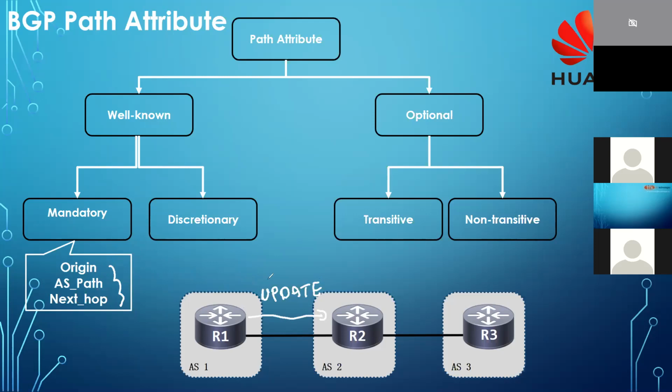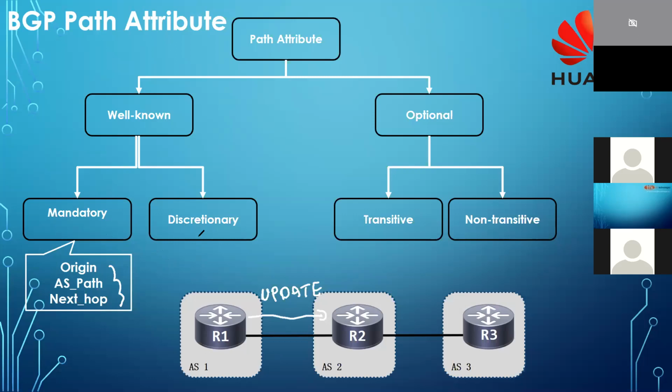When R1 sends multiple prefixes, these prefixes need to have these path attributes. If R1 doesn't send this path attribute to R2, R2 will end the session with R1, so there is no exchange of routes, because the update didn't contain the mandatory path attribute.